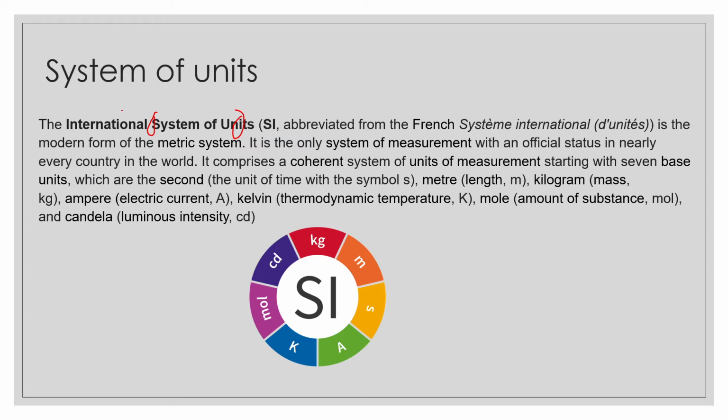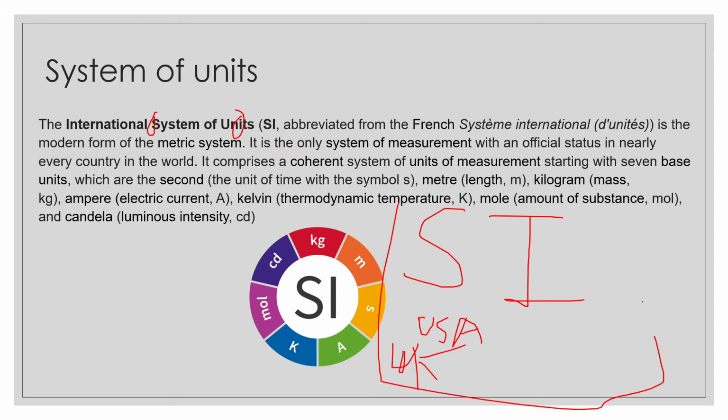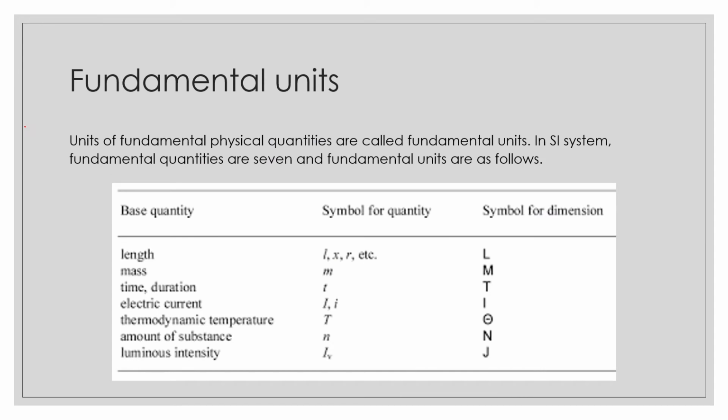So this SI unit can be used anywhere, not only in the USA, UK, sorry guys, UK. It can be used everywhere. That is what they're telling. And these are a few of those. You could read them. Let's go to the next page.